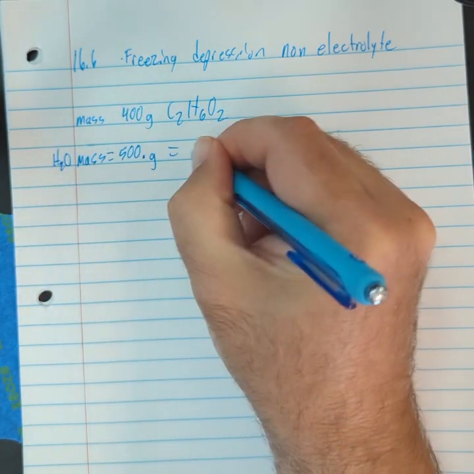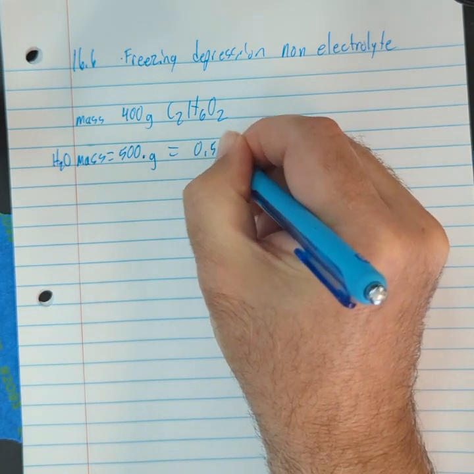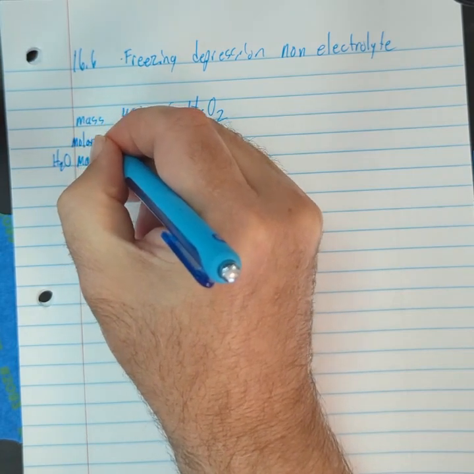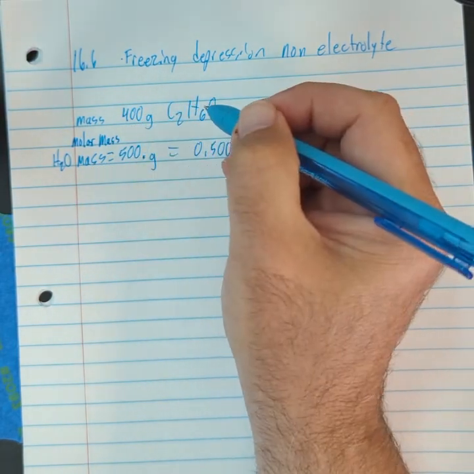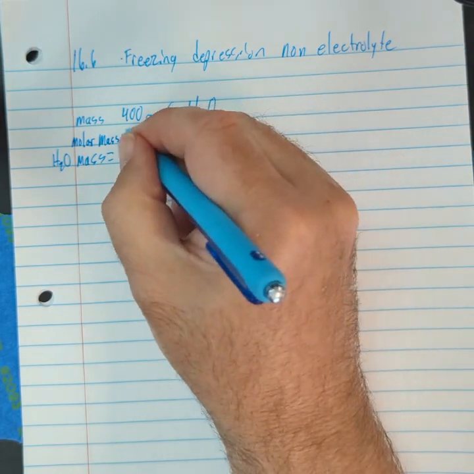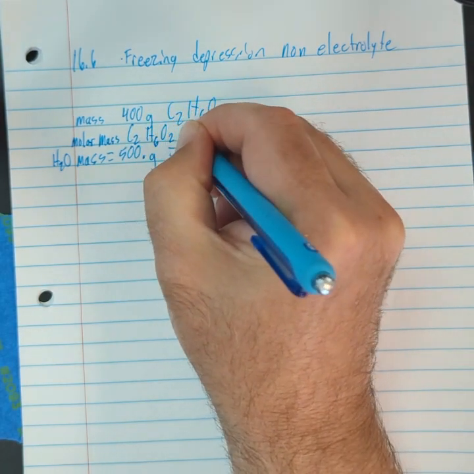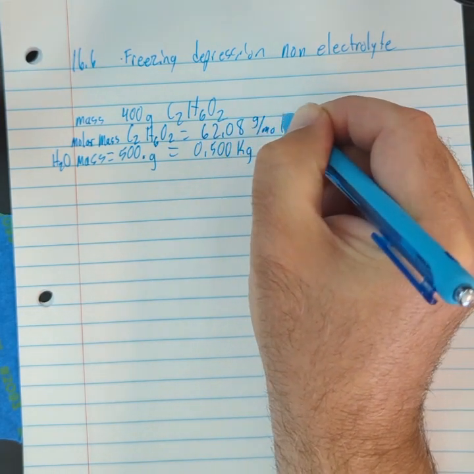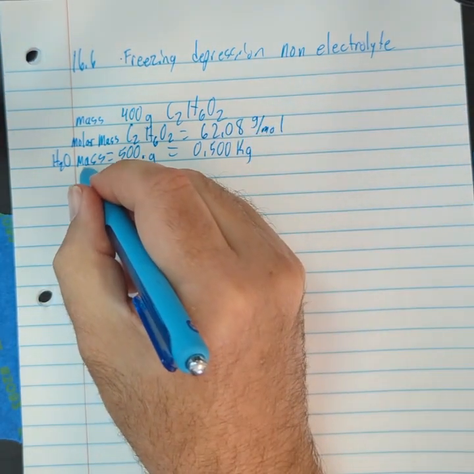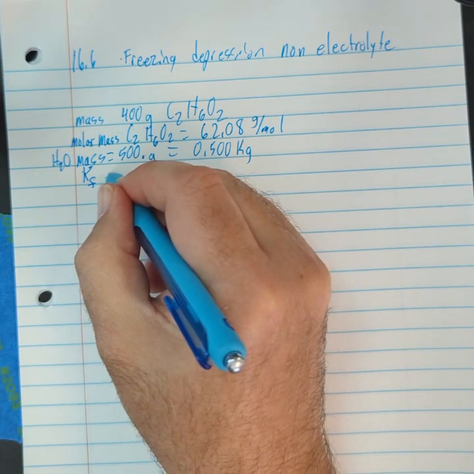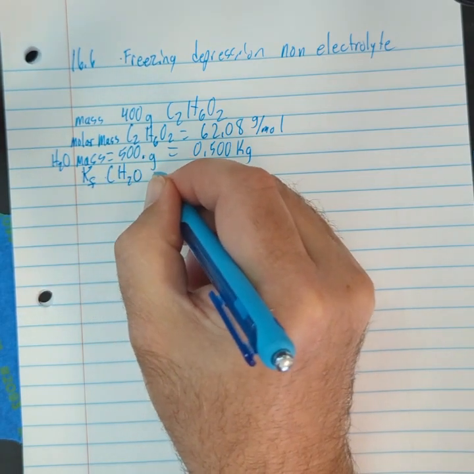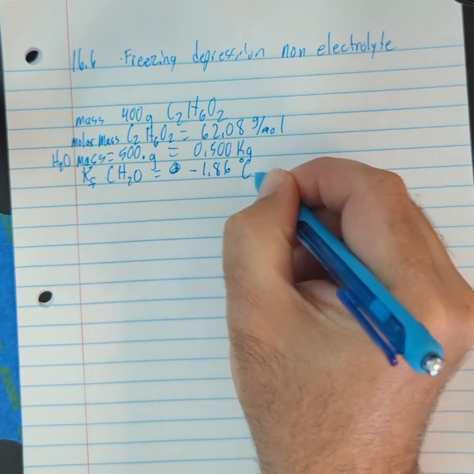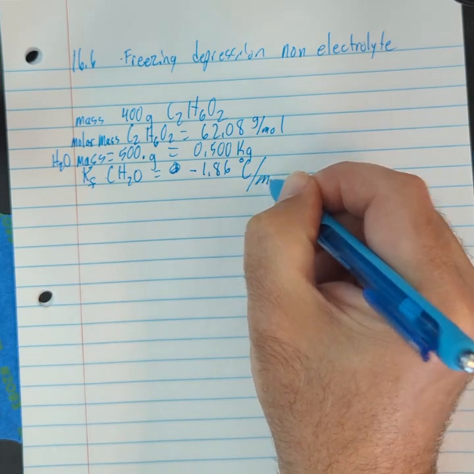So the mass of the solvent is 500 grams, which is the same thing as 0.500 kilogram of H2O, right? And then the molar mass of C2H6O2 is 62.08 grams per mole. And then we know that the freezing point constant, or KF, of H2O is negative 1.86 degrees Celsius per molality.